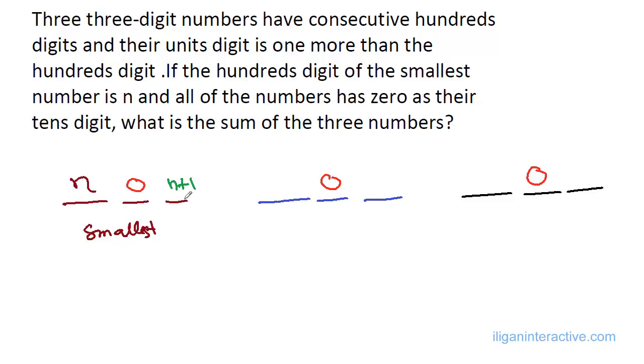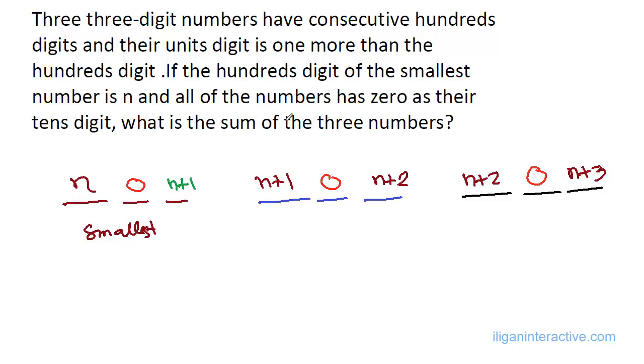Now the problem goes further that the hundreds digits are in consecutive order, meaning if this is n here, the next hundreds digit will be n plus 1, and it follows that the units digit will be n plus 1 plus 1, which is n plus 2. Just add 1 to this one. In this case, this will be n plus 2 here, and then this one will be n plus 3, right? Because we need to add 1 to this hundreds digit to get the units digit.